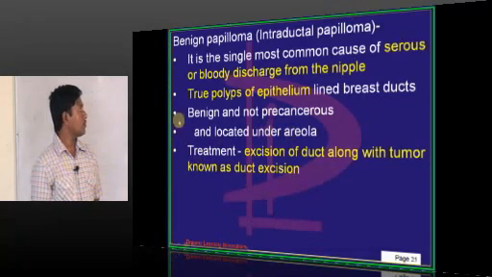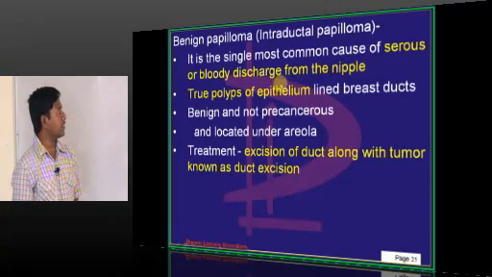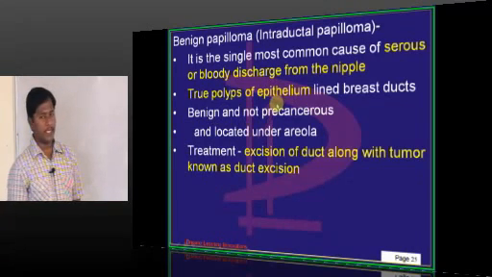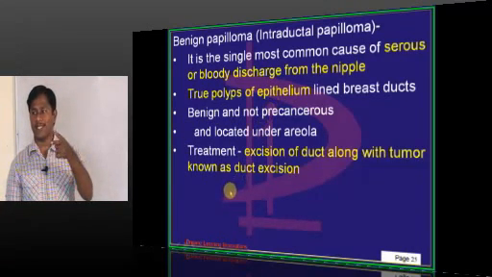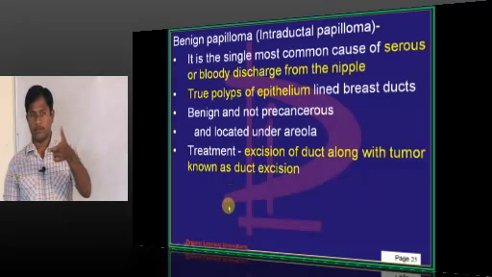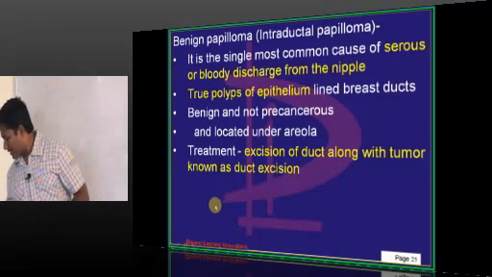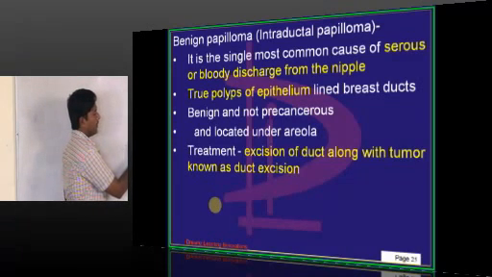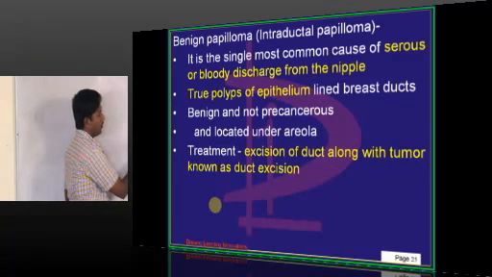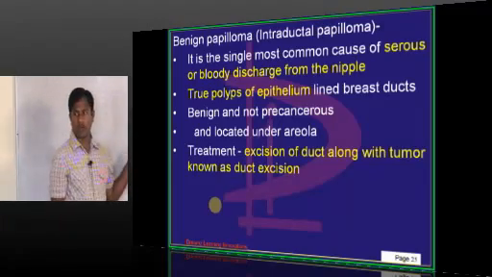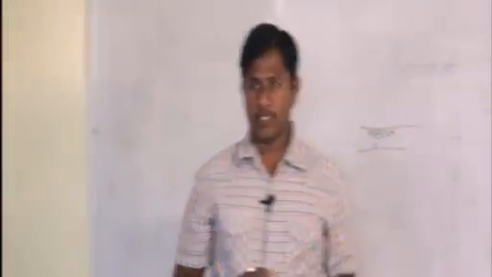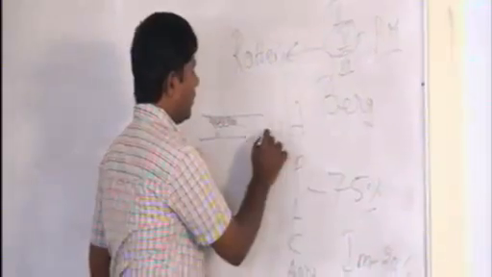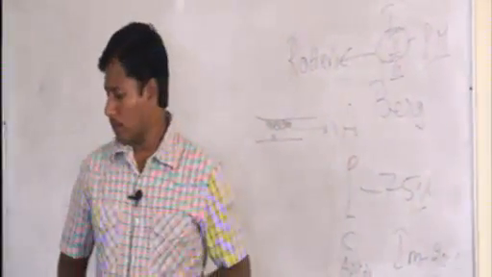It is the most common cause of serous or bloody discharges, and mostly it is a proliferation of the epithelial cells of the duct. See, this is the duct, and there are epithelial cells present in the duct which proliferate and form a small papilloma. The secretions come out through the nipple.